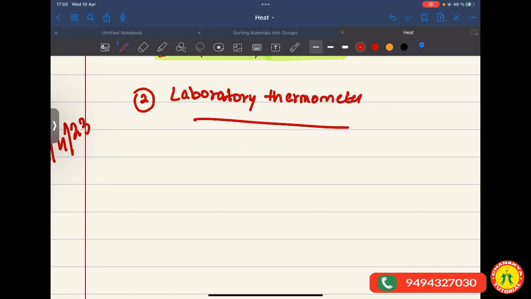The first thermometer is only for the body. Other than the body, you have many other things you need to check the temperature for. So for this purpose, there are other thermometers. One such thermometer is the laboratory thermometer.